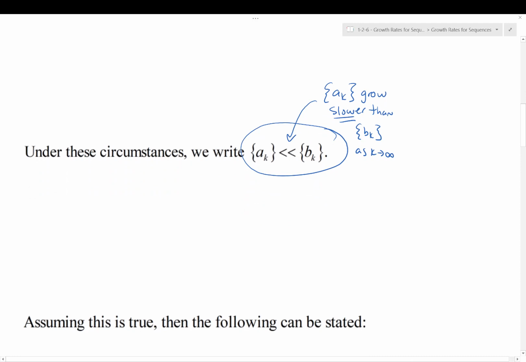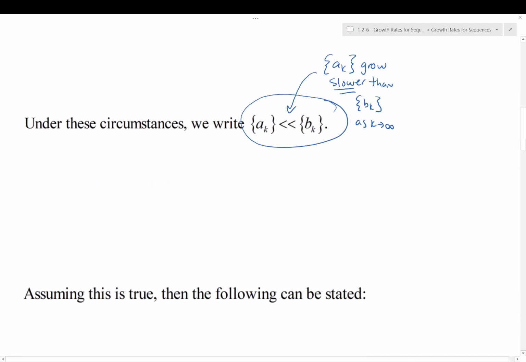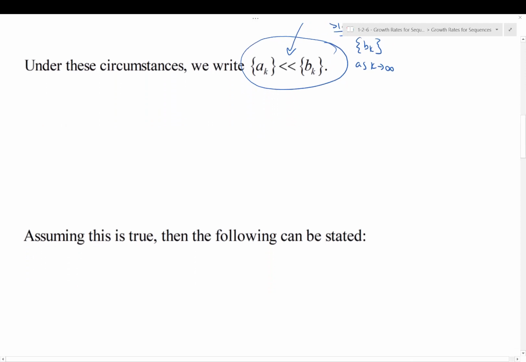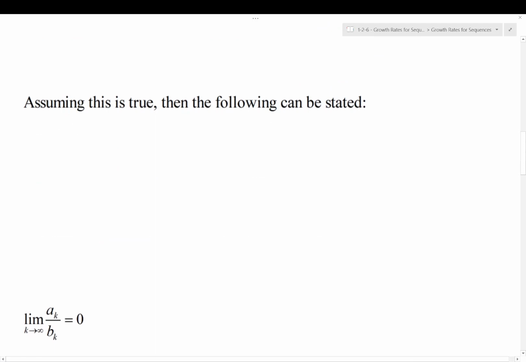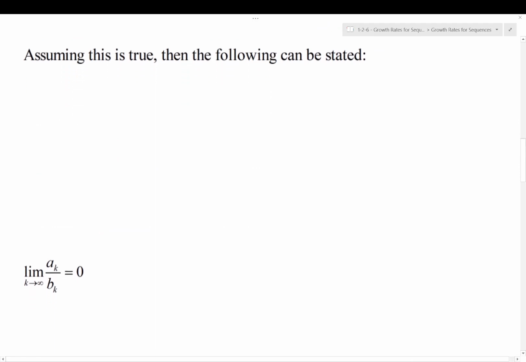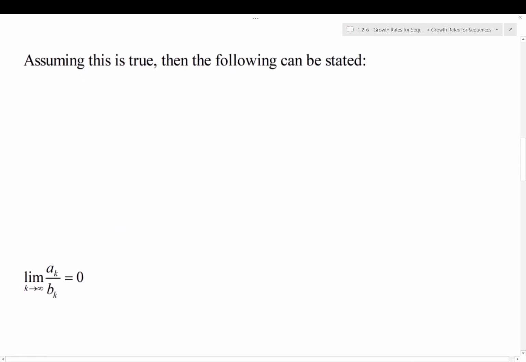Under these assumptions, we're going to organize all the different sequences in order. But first of all, we would say that the limit as k goes to infinity of A sub k over B sub k is 0. Remember, we're assuming that the terms in A sub k are growing slower than the terms in B sub k.